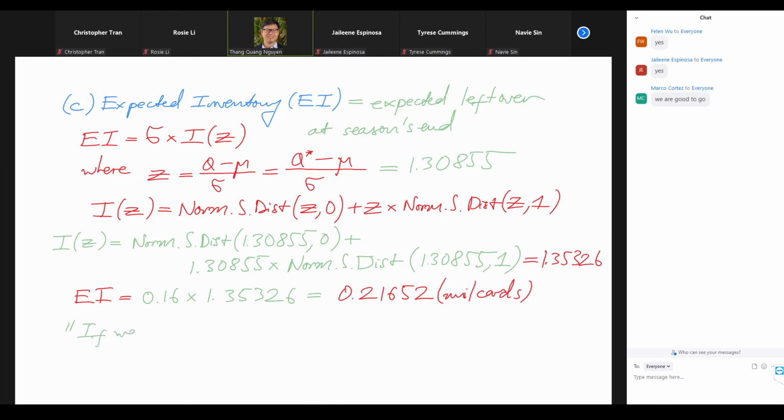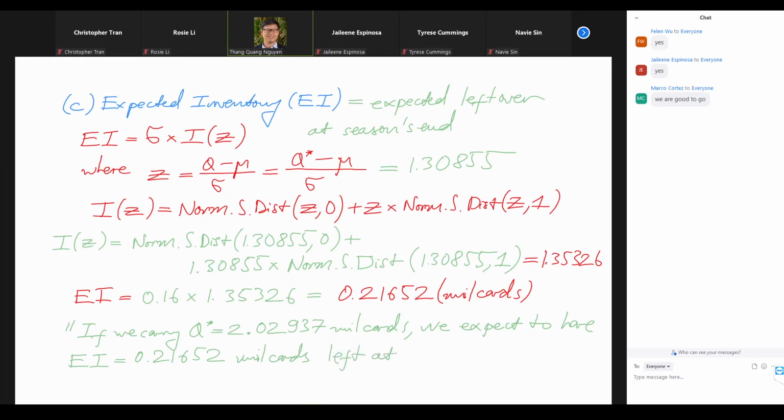If we carry the Q star, let me go back to the Q star that we got earlier, 2.02937 million cards, then we expect to have EI equals 0.21652 million cards left at the end of the season.